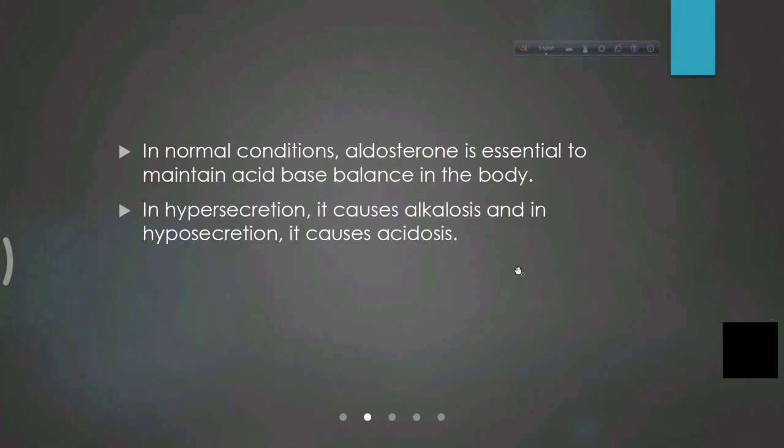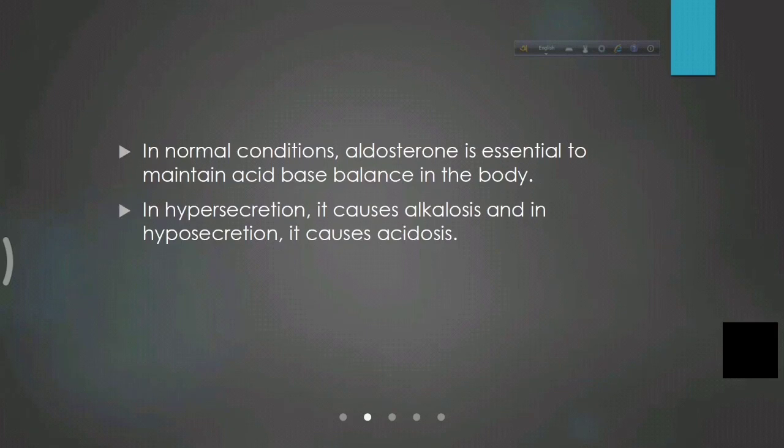Now, in normal conditions, the amount of hydrogen ion that is secreted into the renal tubules by aldosterone is essential for maintenance of acid-base balance. But when there is hypersecretion of aldosterone, it causes excessive secretion of hydrogen ions, resulting in alkalosis.